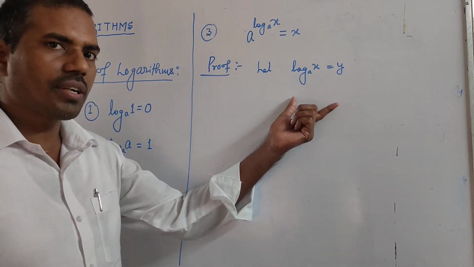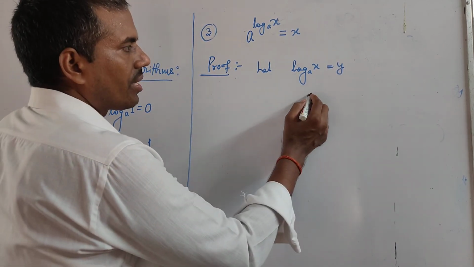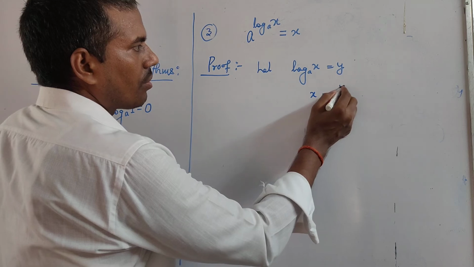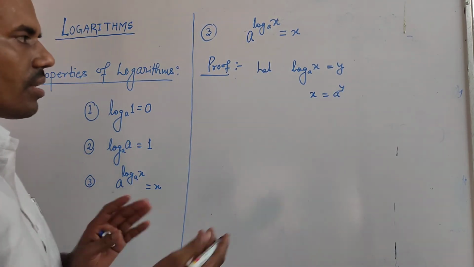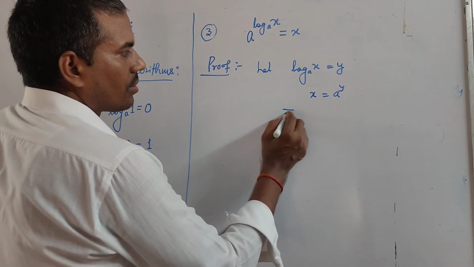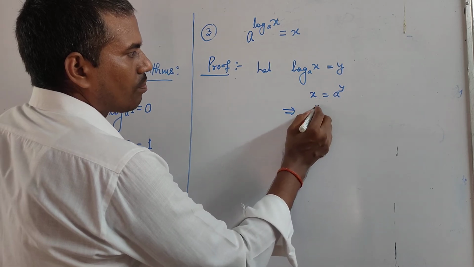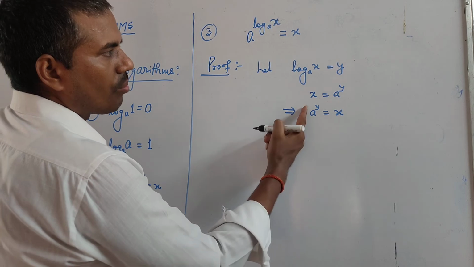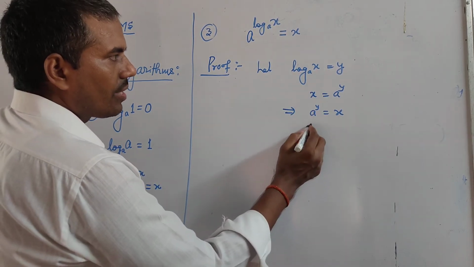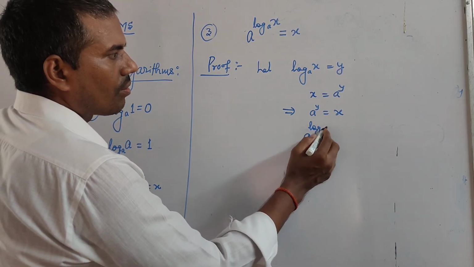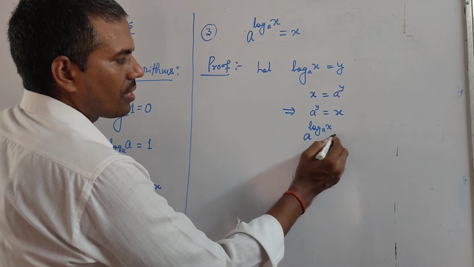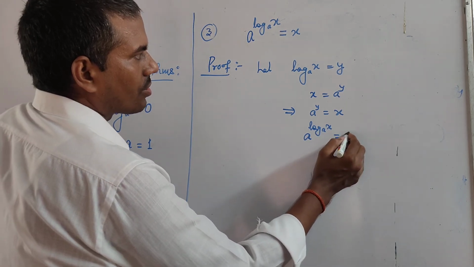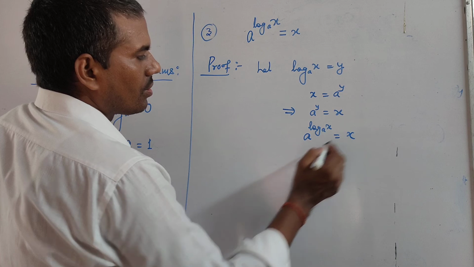If I convert in exponential form, we get x is equal to a to the power y, and this implies that a to the power y is equal to x. Put the value of y, we get a to the power log of x to the base a is equal to x.